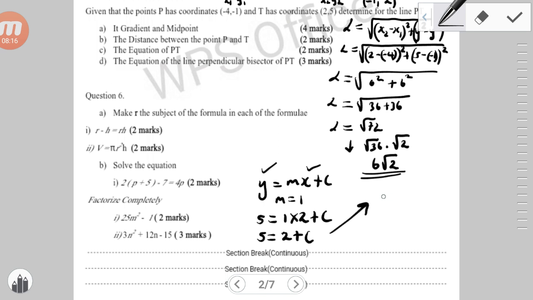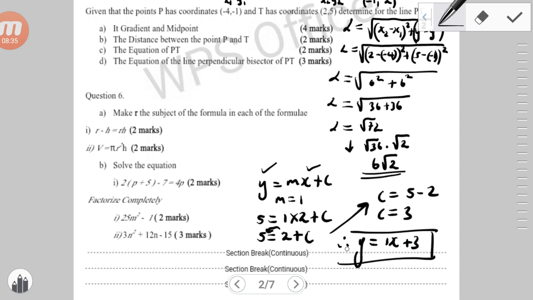So to isolate c, we end up with c being equal to 5 take 2. We would have just transposed the 2 over here, right? So c is equal to 3. Therefore the equation of my line here is y equals 1x plus 3, and that's the equation of the line. All right, beautiful.